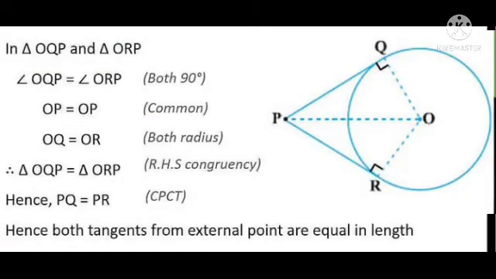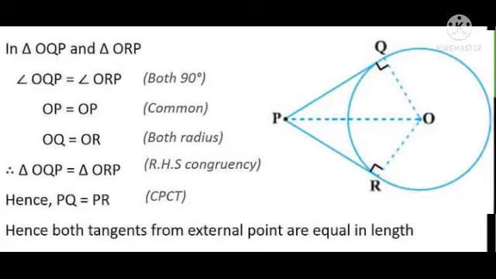Observe the figure. In triangle OQP and triangle ORP, we have angle OQP is equal to angle ORP since both are 90 degrees. OP is equal to OP is a common side. OQ is equal to OR, both are radii.